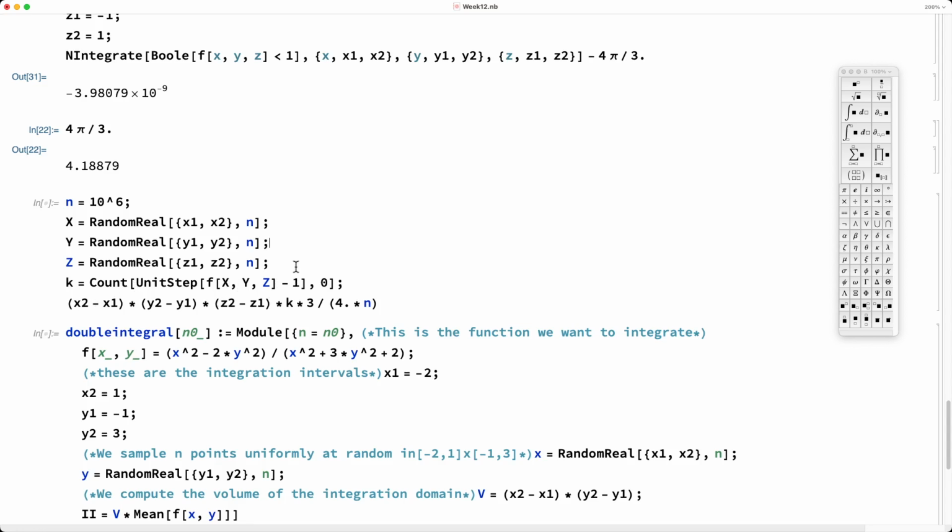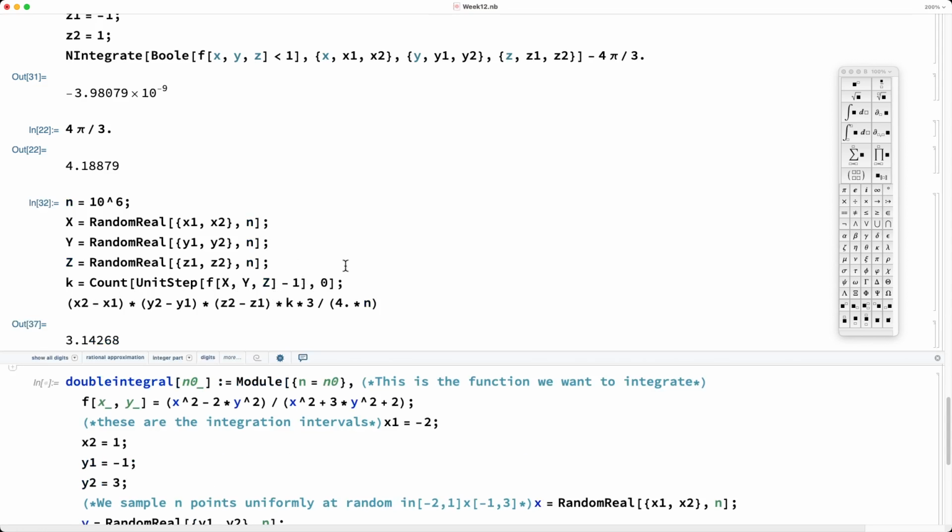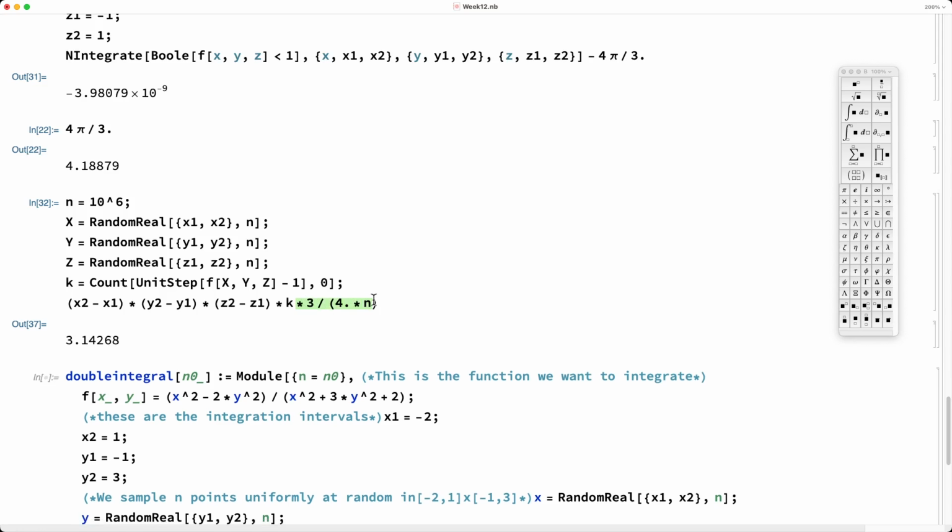Okay, so let's execute that. So here I have multiplied by 3/4 to convert this result back to pi, so that I can compare it more easily to the value of pi.